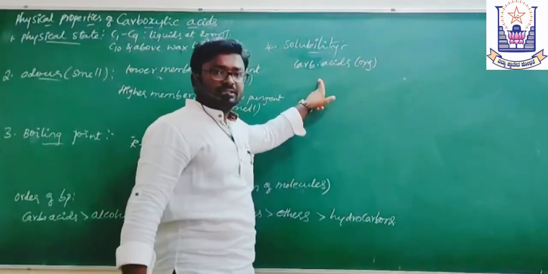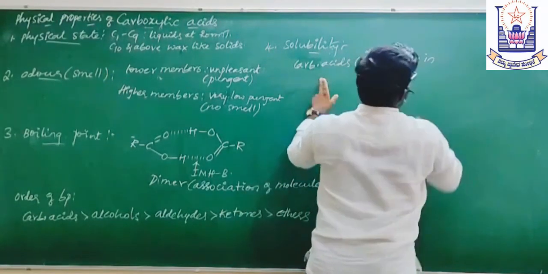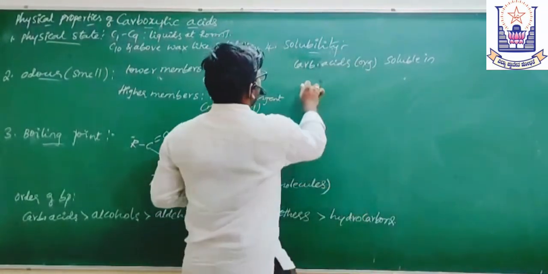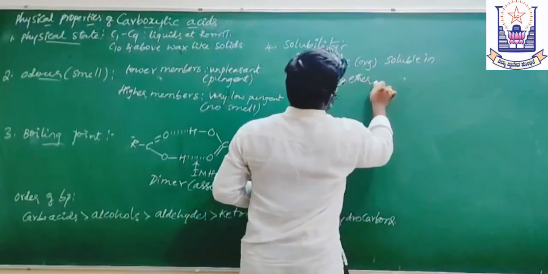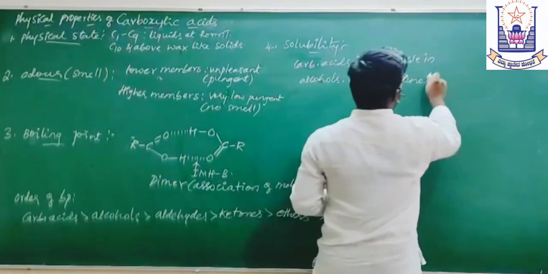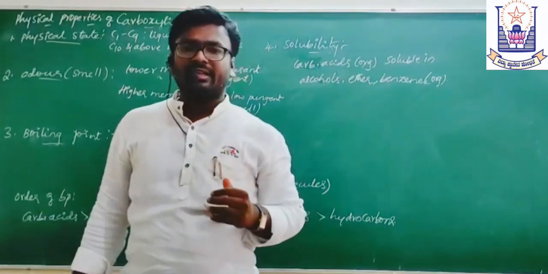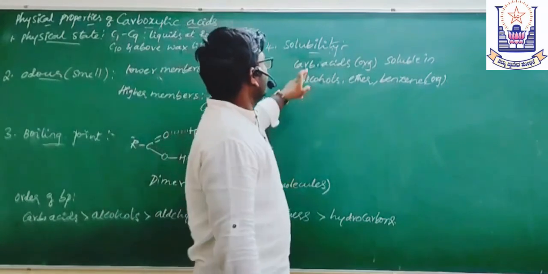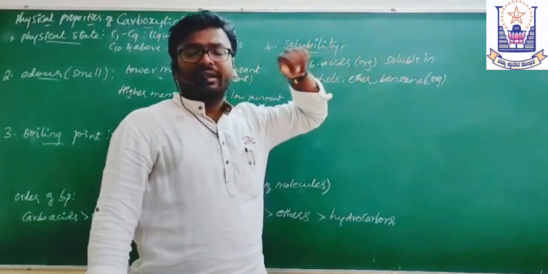Carboxylic acids are soluble in organic solvents like alcohols, ethers, benzene, chloroform, etc. Because these are organic. Keep in mind that organic is readily soluble in organic because of the covalent nature, same similar forces of attraction. Carboxylic acids are soluble in alcohols, ethers, benzenes because these are organic.